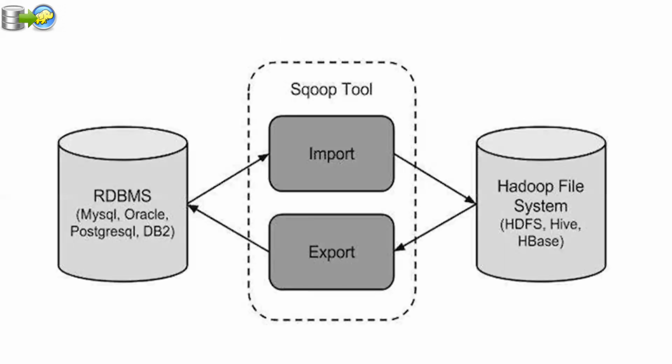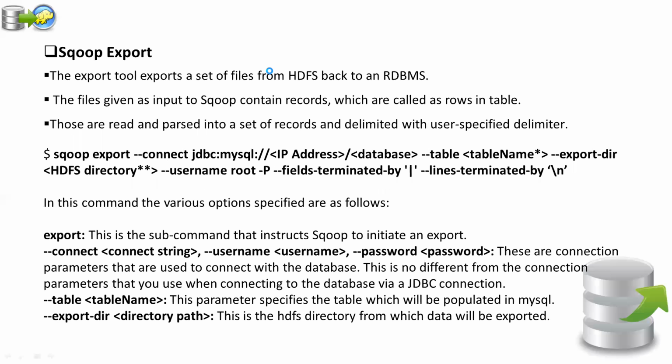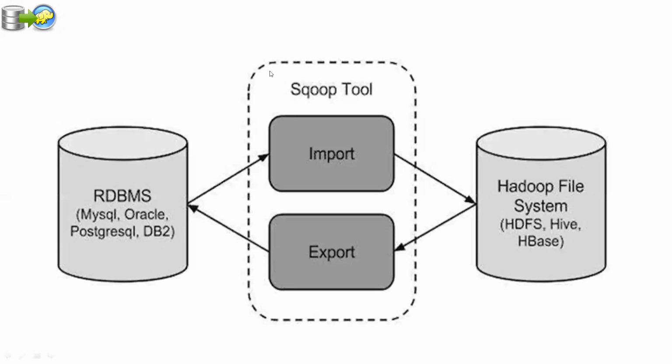So if I look here, on the left-hand side we have a database like MySql, Oracle, Postgres, SQL, or DB2. So we use the Sqoop tool to import or export data from an RDBMS to HDFS.